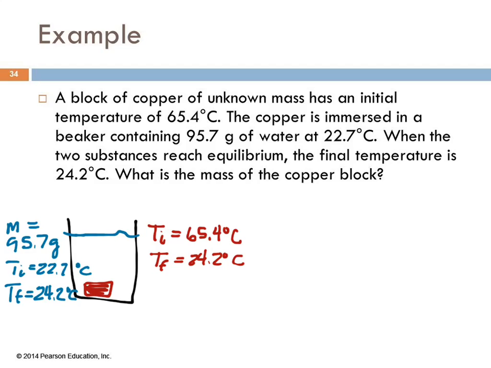Now, we wrote down all of our numbers, right? So now what we need to remember is that Q for the copper is equal to negative Q for the water. It really doesn't matter which one you put the negative sign on. One of them has a negative, the other does not. The heat gained by one is lost by the other. What does Q equal?